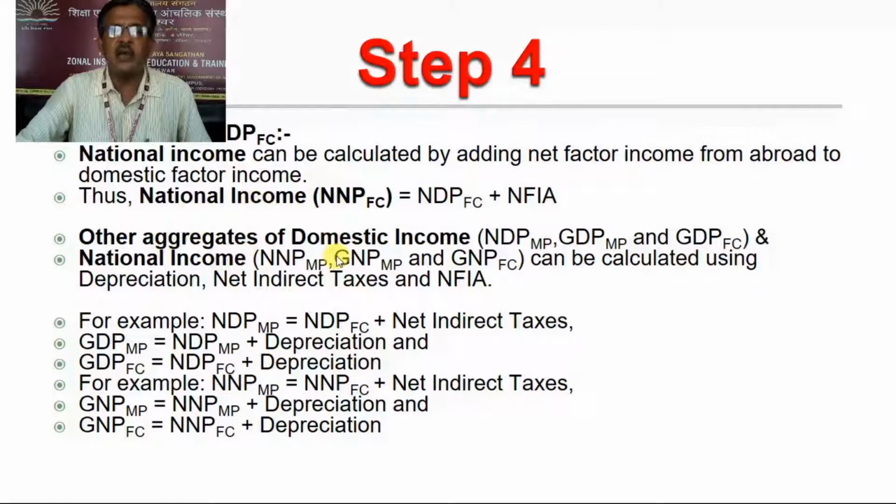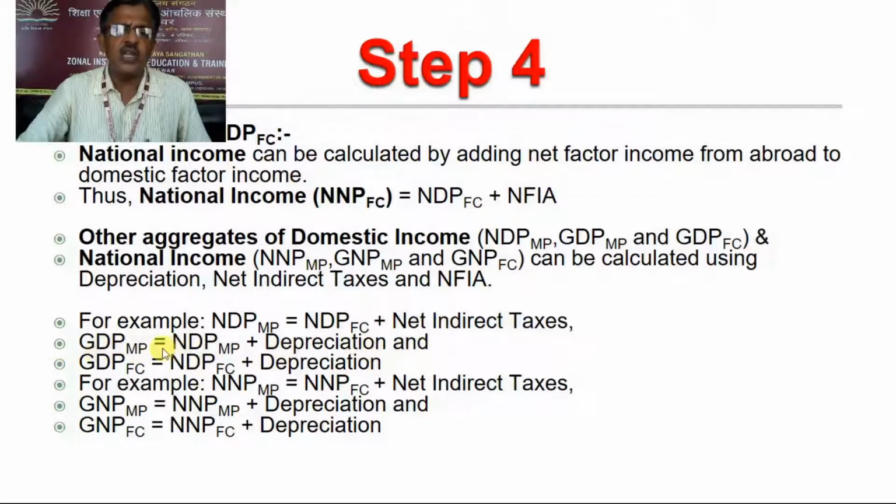Other aggregates can be found out. Other aggregates like, in the domestic income, that is NDPFC, GDPMP and GDPFC, and in national income, NNPMP, GNPMP and GNPFC can also be calculated by using depreciation, net indirect taxes and NFIA. For example, net domestic product at market price is equal to what? The net domestic product at factor cost plus net indirect taxes. This was discussed in national income and related aggregates in earlier video lessons. GDPMP is equal to NDPMP plus depreciation.